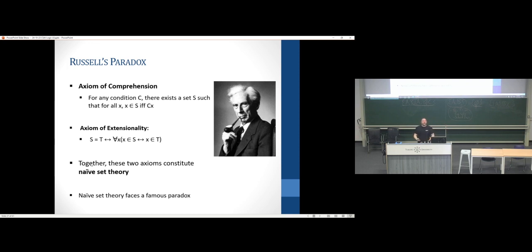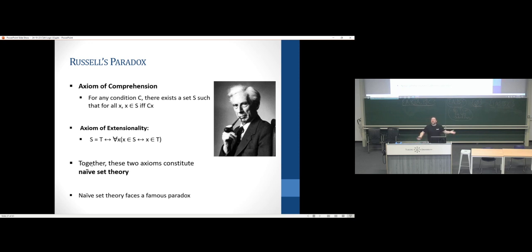An initial, naive idea is that as many as you want. Think of any property, any condition. Well, there's going to be a set of the things that satisfy that condition. Or put another way, think of any predicate that you can construct at all, any predicate in, let's say, English, whatever you want it to be.